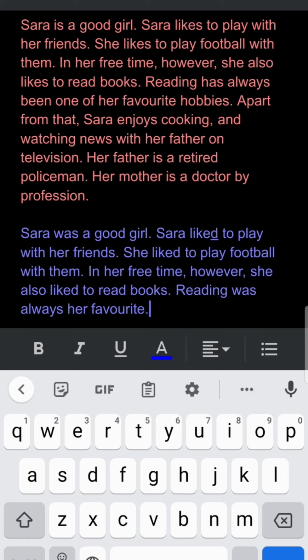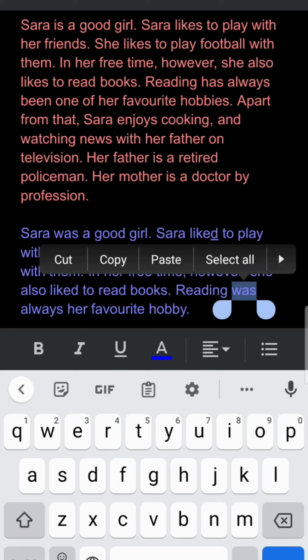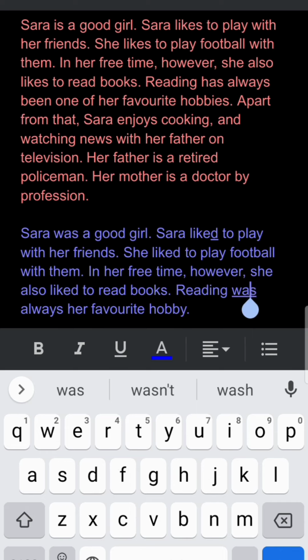Now, can you guys tell why I have written was instead of has? Because was is the past form of is. And also, whenever has comes, it also changes to had been.